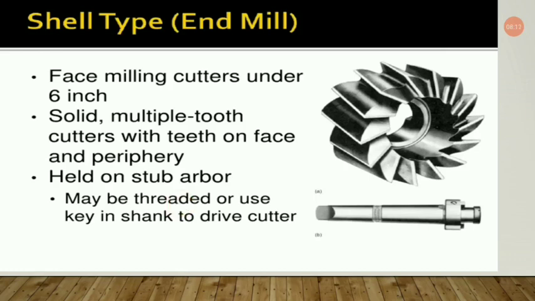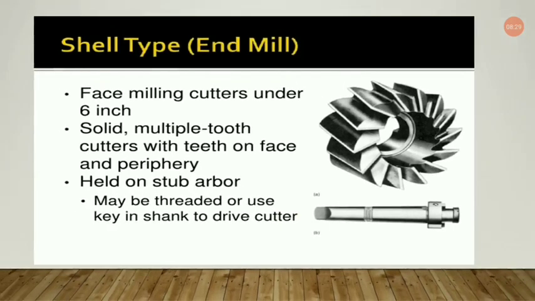You must tell that that is known as arbor. So it may be threaded or use a key in the shank to drive the cutter. So that is the shell type.